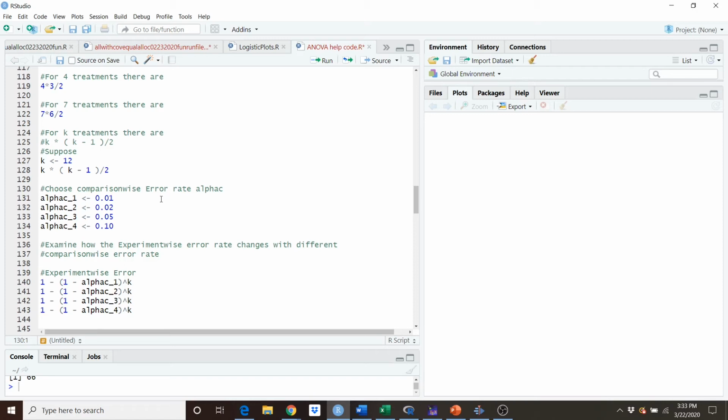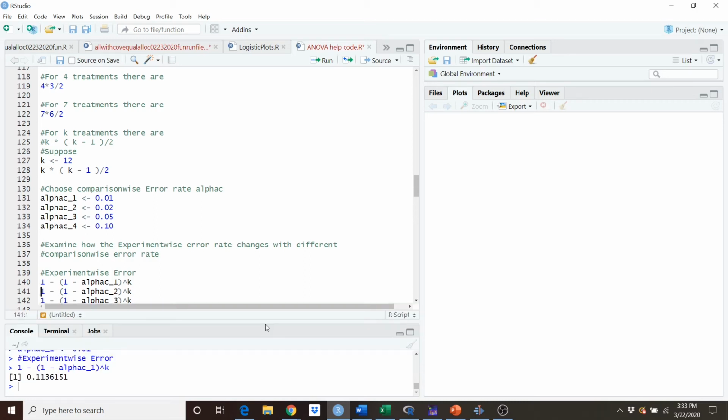Now, depending upon our alpha that we've chosen, let's see what type of experiment-wise error we might get. So let us assume for a moment that alpha sub c, our comparison-wise error rate, is set to be 0.01. So our experiment-wise error rate for this 12 population case is 0.1136. This means that a little over 10% of the time, we're going to make an error in our experiment.